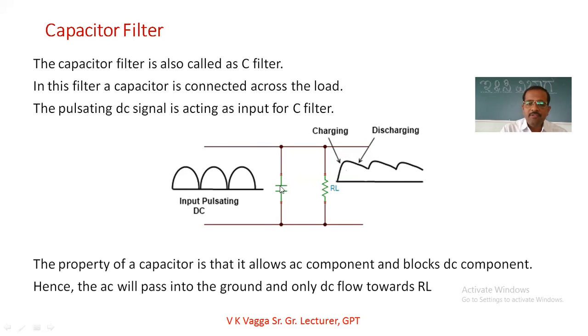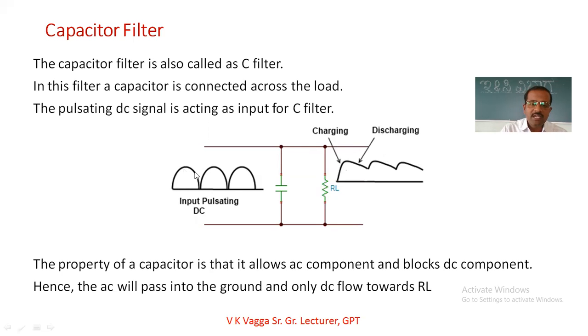After the AC has passed into the ground, at this point the blocked DC remains, and it will flow to the load resistance RL. If you take the output across the RL, you are going to get the DC signal, so the AC has been removed.